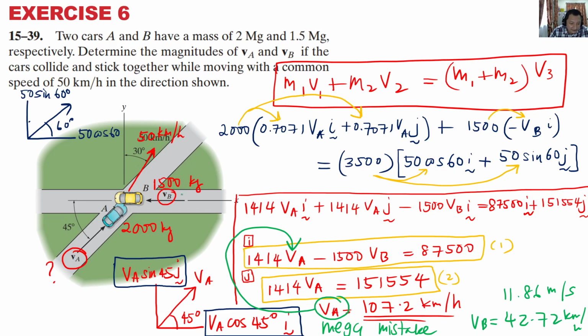Remember, you are a traffic investigator. Which car is fast? Car A is fast, right? VA was going at 107.2 km per hour in a village road. VB is not guilty.